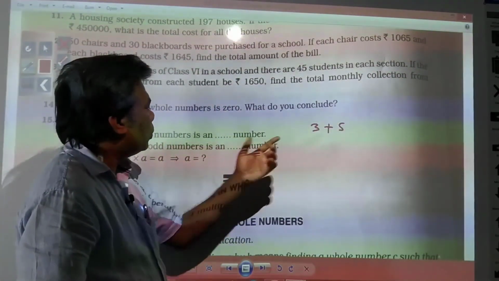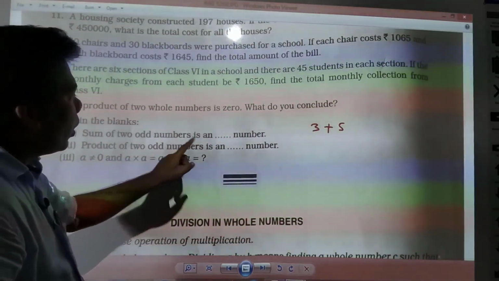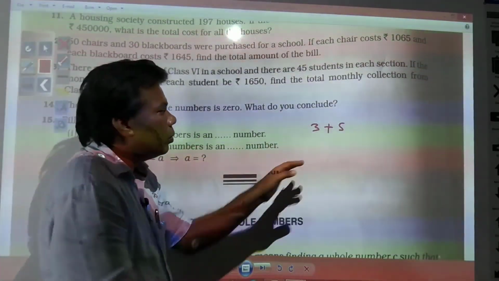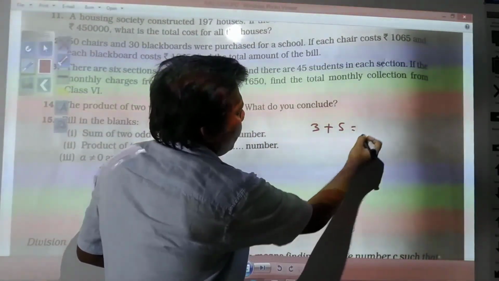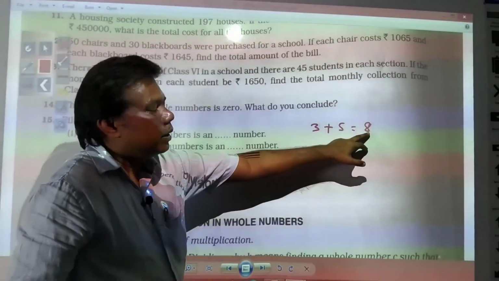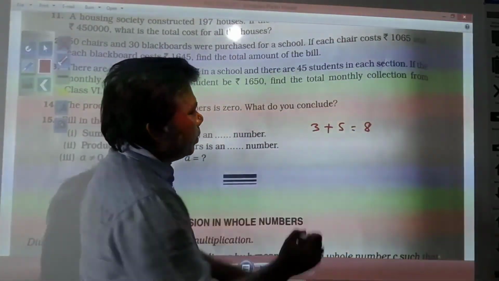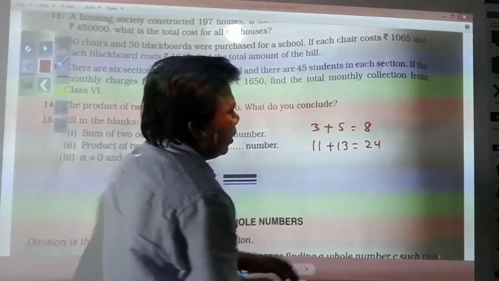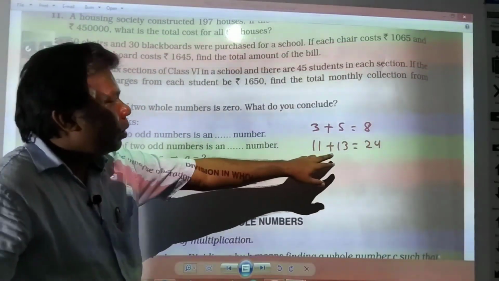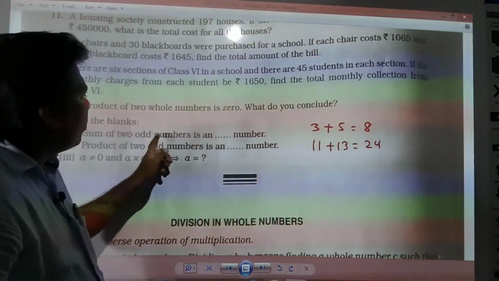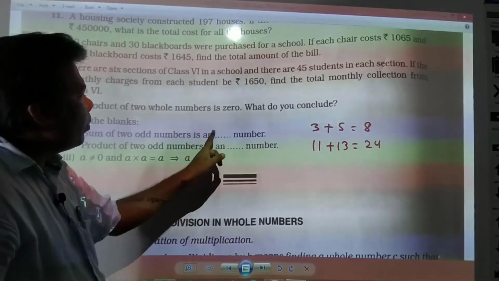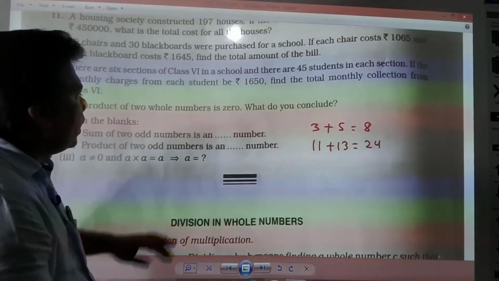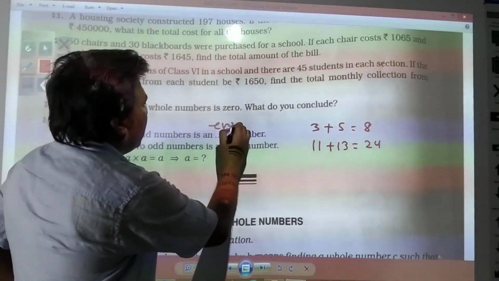What will you get? This is odd or even? This is an even number. 11 plus 13, suppose, what will you get? 24. So if you are adding any two odd numbers, the sum will be an even number.